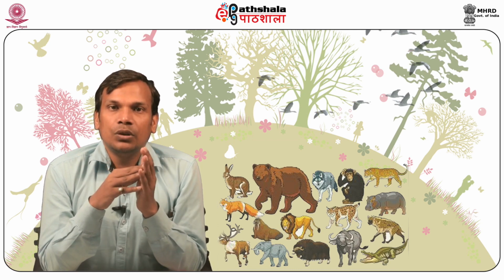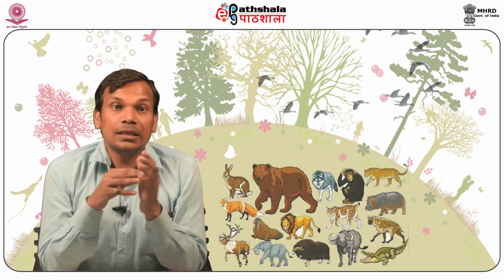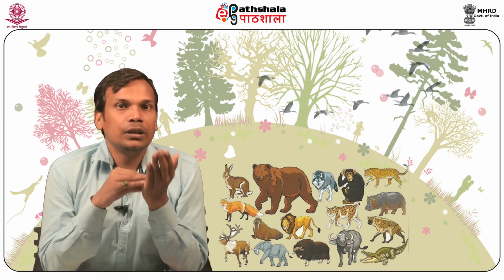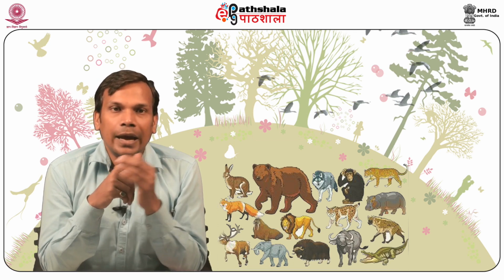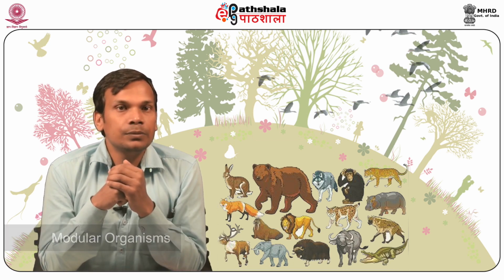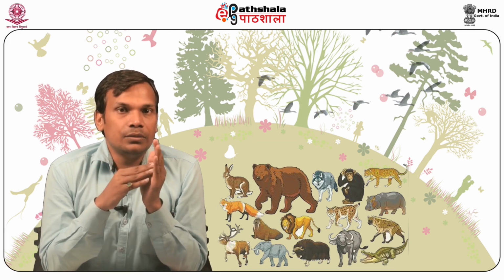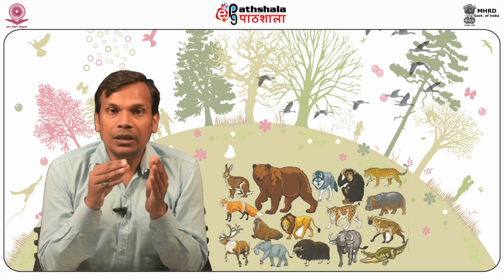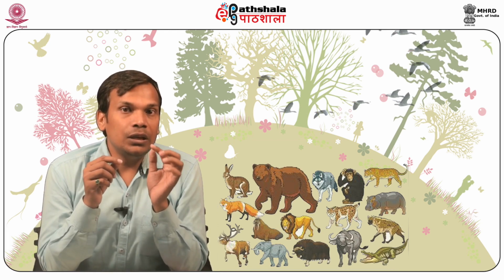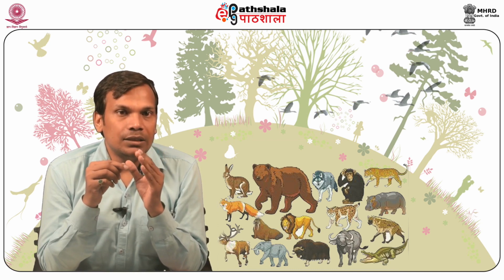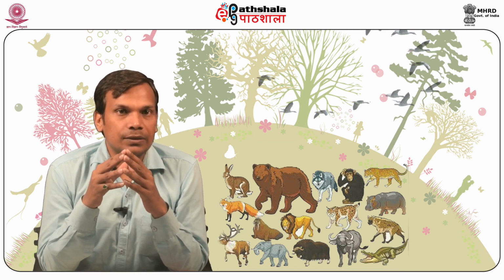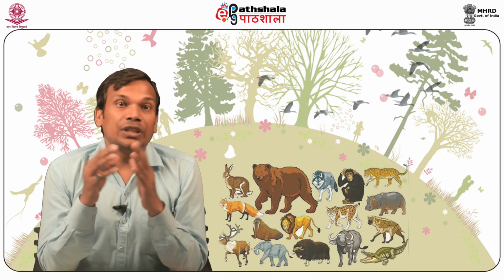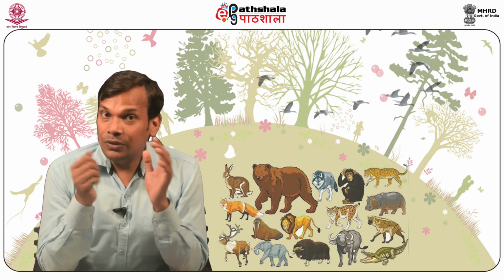It is the organism which can be distinguished as a single unit, for example, insect, fish, zebra, etc. Another type is modular organisms. These do not come as simple units but appear as individuals, like grasses and perennial herbaceous plants.